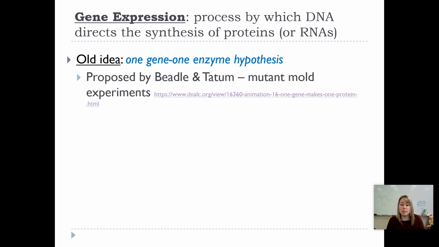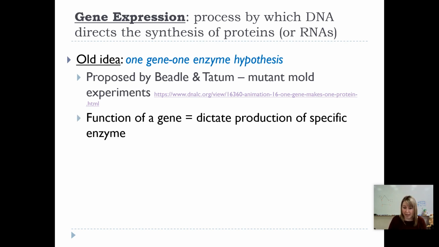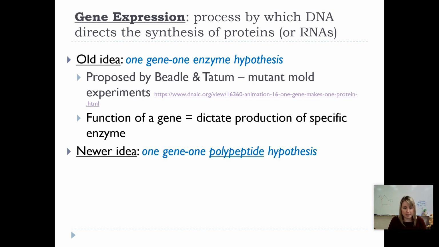There is a link in this PowerPoint to an animation that explains the experiments done by Beadle and Tatum and how they proved that this wasn't actually accurate. That it's more like not just one gene that codes for an enzyme, but that genes code for enzymes in a pathway and eventually can lead to a final product.